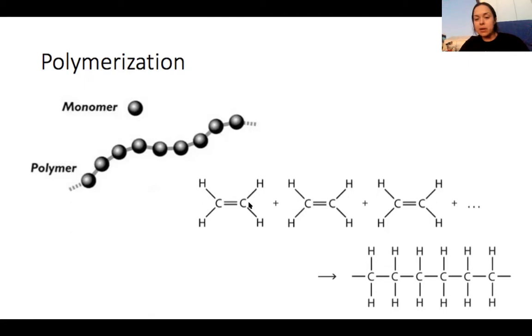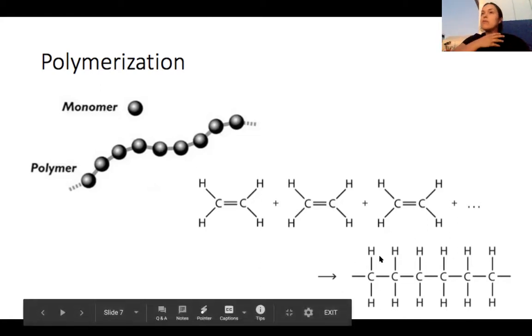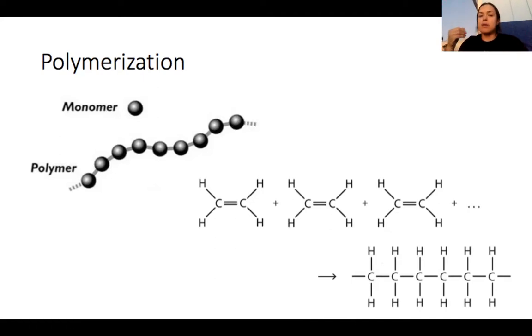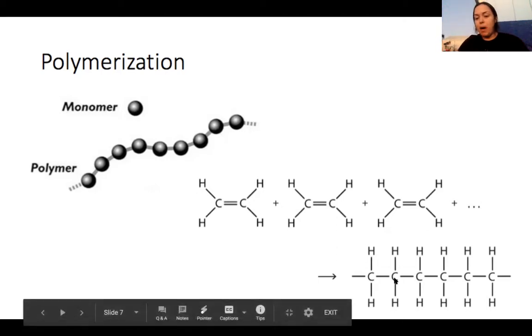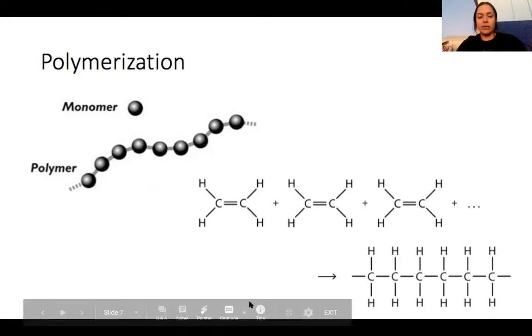It forms a new bond here. And then again, one of these bonds breaks and forms a bond between this carbon and this carbon here. And then this bond breaks and it forms a bond between this one and the next one, and so on. And so you get this really, really long chain, and the number of monomeric units is usually not specified because it's just so many. But that's what a polymer is. You get a long chain of these monomeric units put together one after the other.